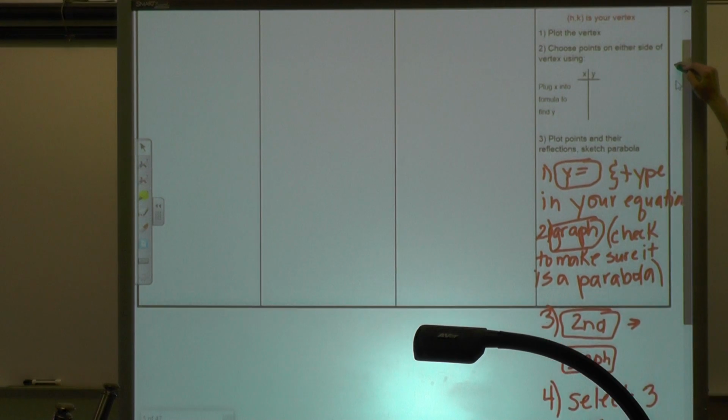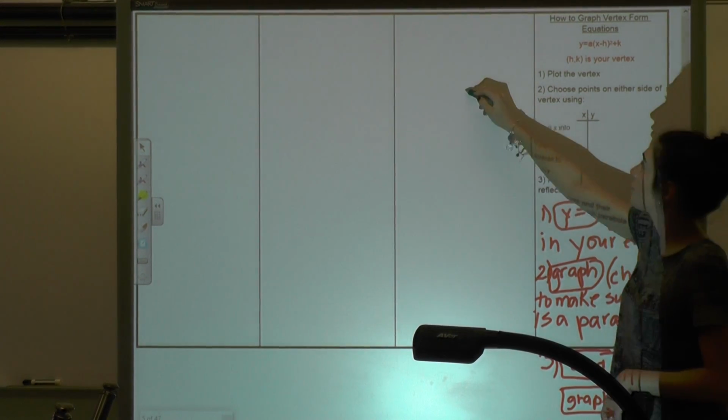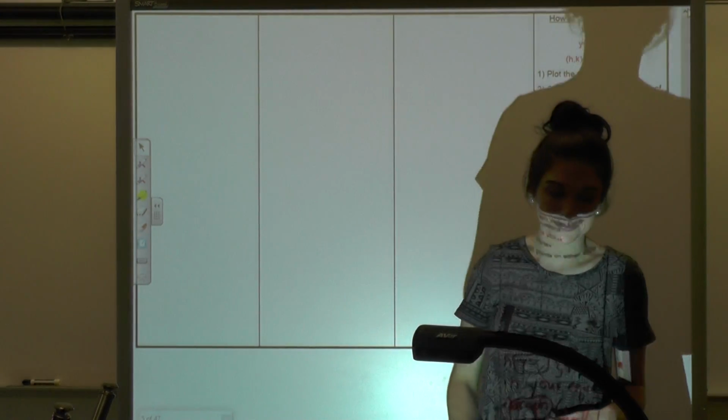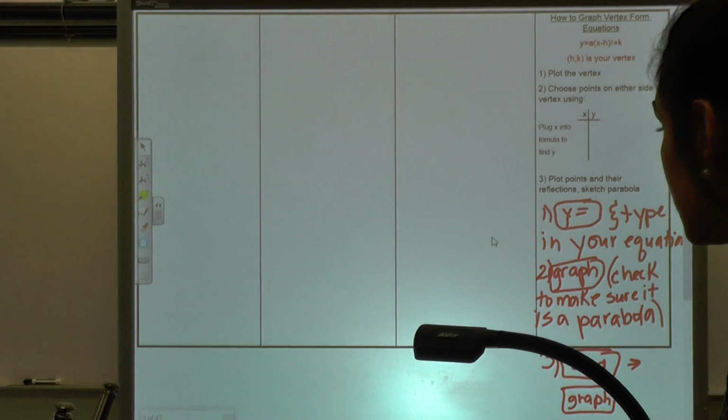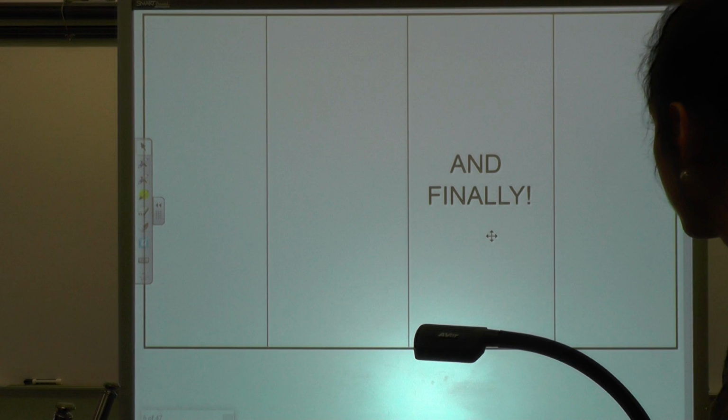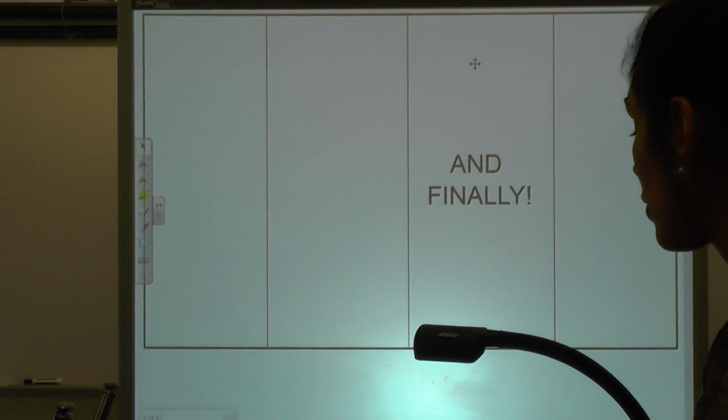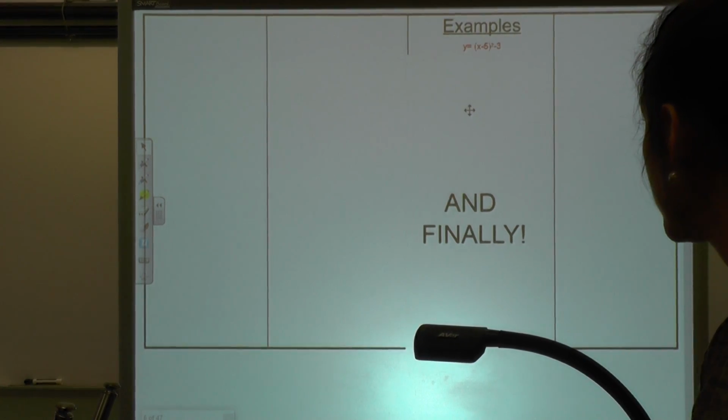So let's show you a couple examples of graphing a vertex form equation. Now we're going back to our third column to do some examples.